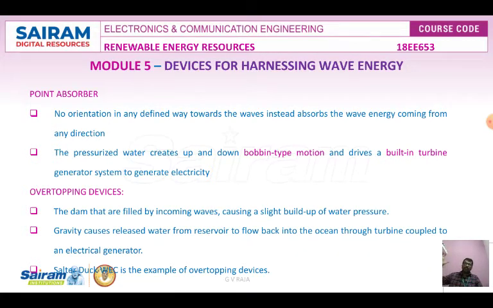The pressurized water creates an up and down bobbing motion, which drives the turbine generator in order to generate the electricity. This is also called an aqua buoy, based upon the water movement. This device also moves. Aqua buoy refers to buoyancy. So this also generates the electricity.